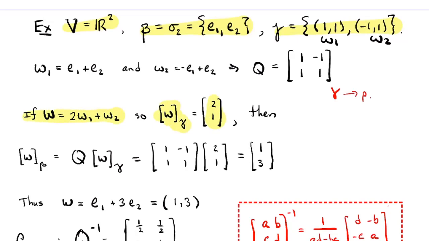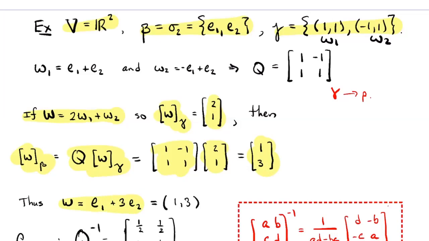And I might want to know, what are the coordinates of that vector in the standard basis? I find that by left multiplying Q by the coordinates in the gamma basis. You can check my matrix multiplication, I get 1, 3. So W in the standard basis is 1E1 plus 3E2.